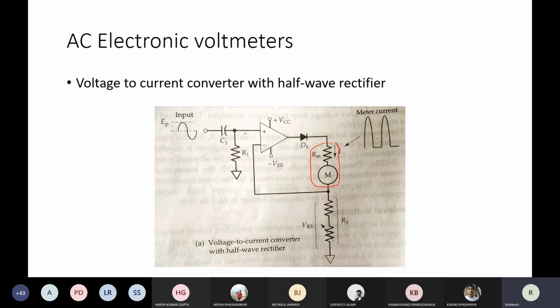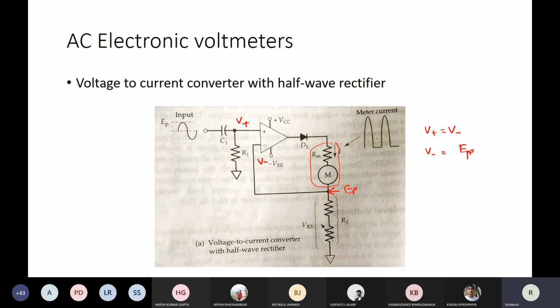We use the same argument that V plus is equal to V minus, and V minus in that case is maintained at the peak voltage, E peak. So the maximum voltage here is E peak.